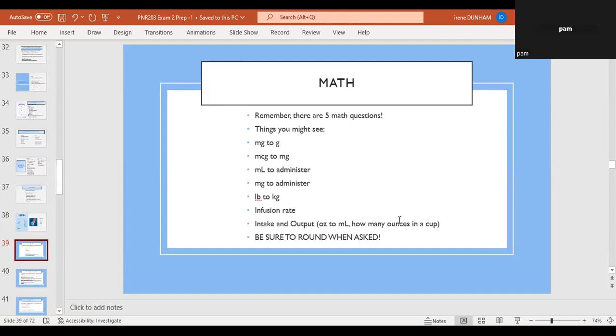Ounces to mL, how many ounces in a cup? They like to have that like an I&O. Okay, yeah. And then be sure to round when asked, guys. So when asked, round to the nearest 10th. So read that carefully, round to the nearest 100th. And so you want to make sure that whatever they want you to round to, that you answer. Okay? All right.